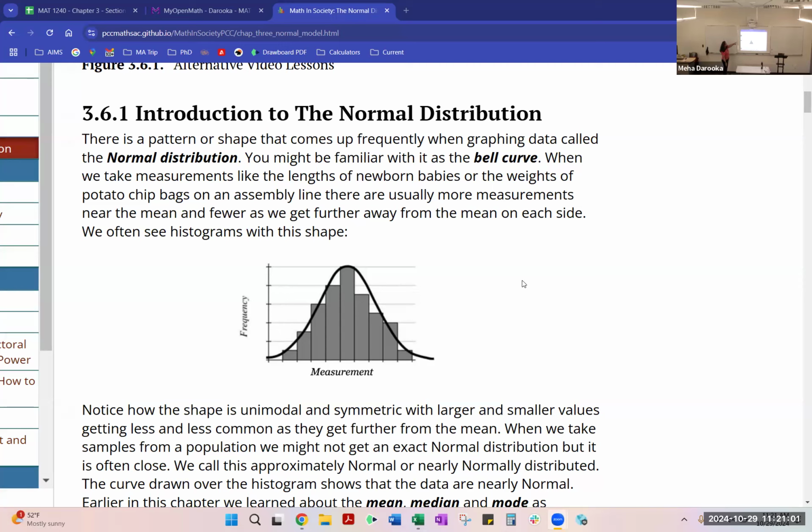So that's where your average would fall. And then basically they're saying there's usually more measurements near the mean. So they will be gathered in that center of your distribution, and fewer as you get on each side, or the tail end of your bell-shaped curve over here.